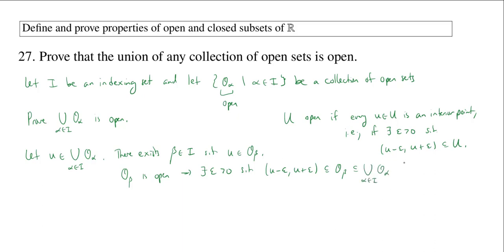And therefore, the union of the O alphas contains a u coin. And that's it. This implies that u is an interior point of the union of the O alphas. But we chose some arbitrary point, so every point is interior. And so we know that the union of the O alphas is open. Okay, that's the proof.